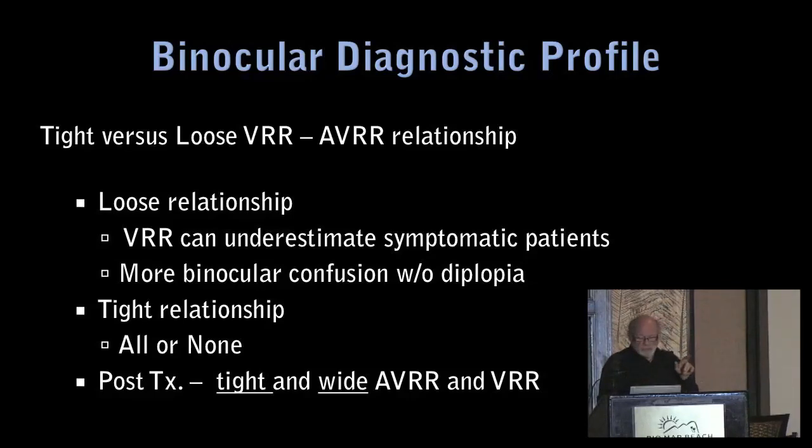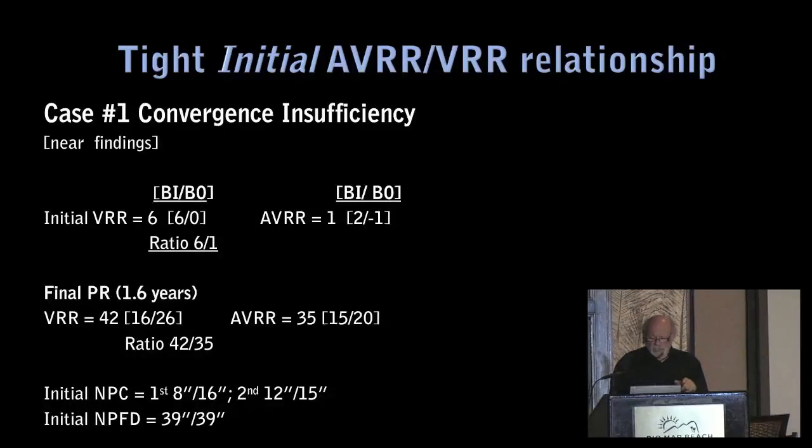Post-treatment, there is a tight relationship between the associated divergence measures and the classic divergence measures. But the range is wide. A lot of stress to create an argument, and that same stress is very close, within a few prism diopters, of when they get into diplopia.